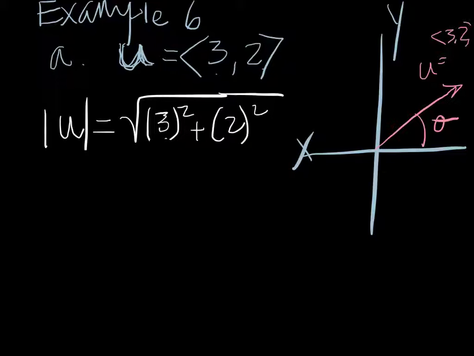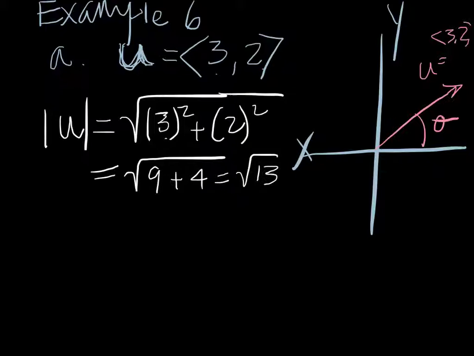They've already put it in component form. So my magnitude is going to be the square root of 9 plus 4, which happens to be 13. They love the square root of 13 for some reason. So the length of this vector happens to be the square root of 13.